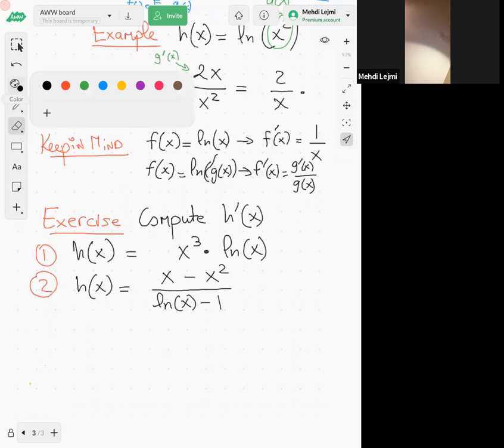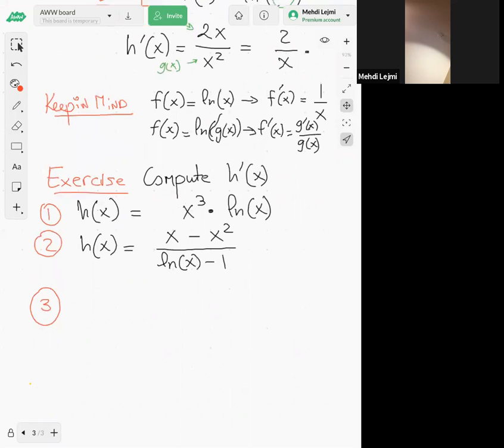Number three, h of x is natural log of cosine of x.